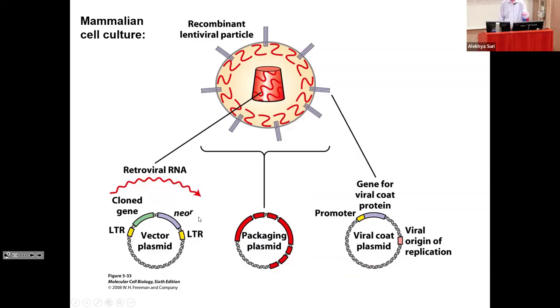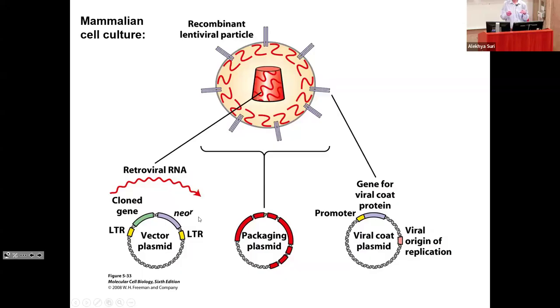Those lentiviral particles, or rather the DNA, will be inserted into the genome. You have different components to make the virus, and you have a vector plasmid with the information that you need. You have other plasmids that are needed to make the virus, packaging plasmid, viral components.